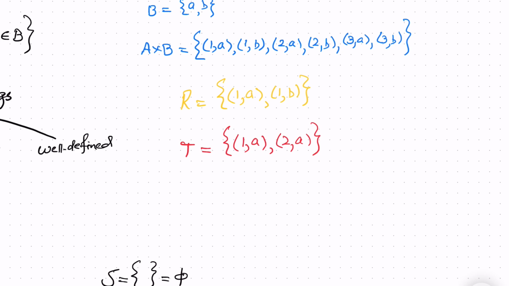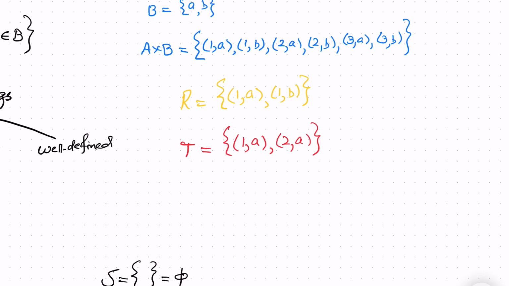Can we say that R and T are relations? The only condition we have to check is whether every element of the set R is from A cross B. Is that true? So this is a subset of A cross B.